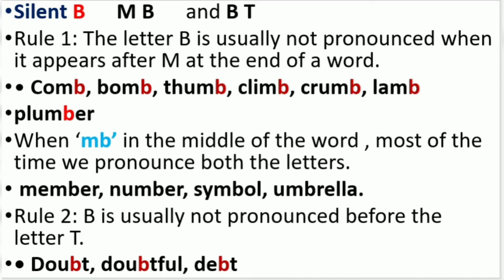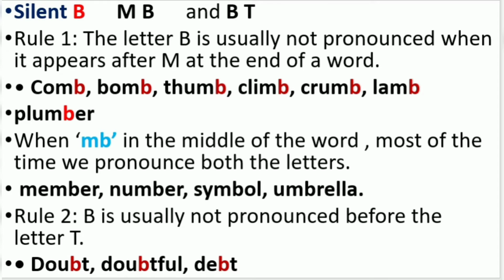Now let's look at the letter B. B is not pronounced when it appears after M at the end of a word. For example, comb, bomb, thumb, climb, crumb, lamb, plumber.